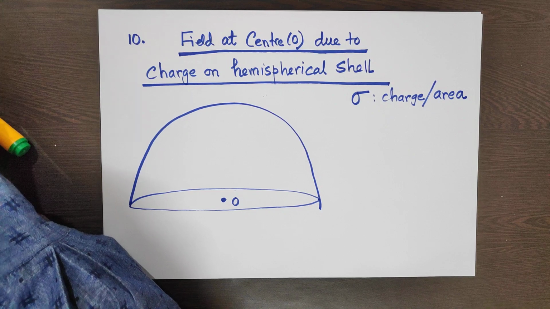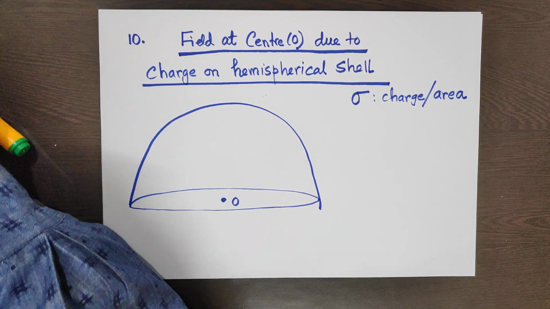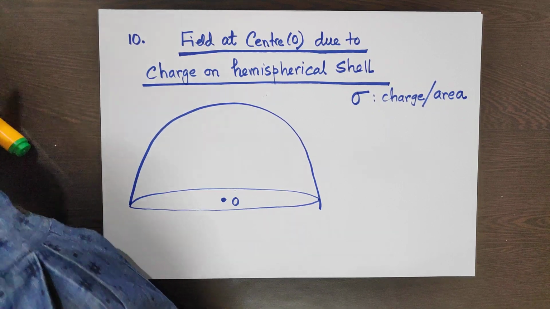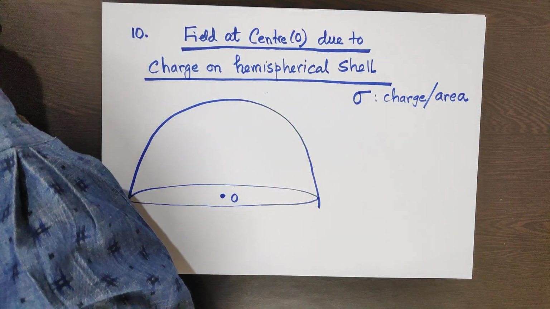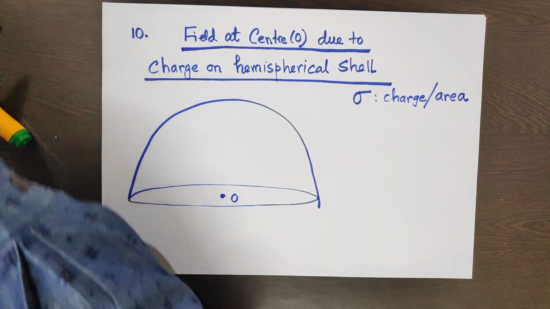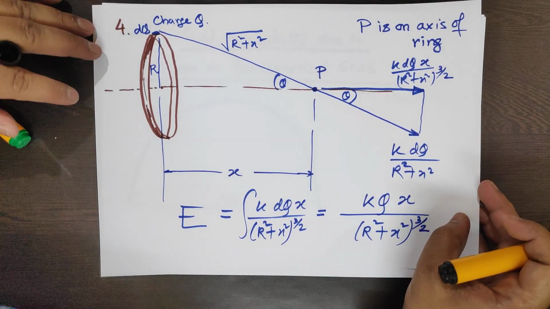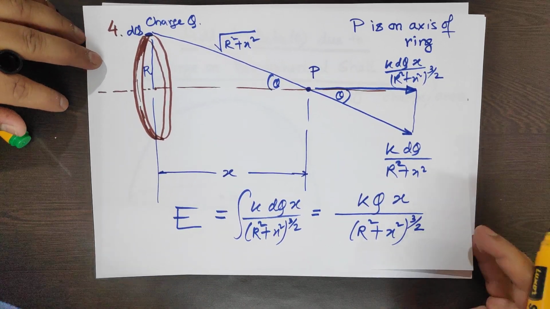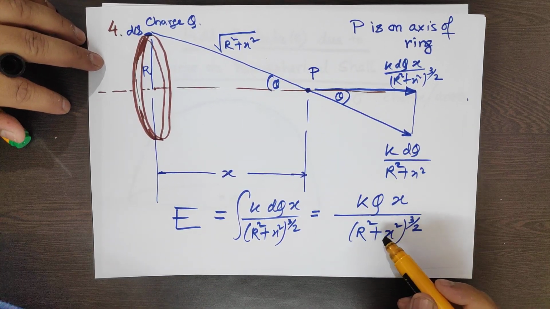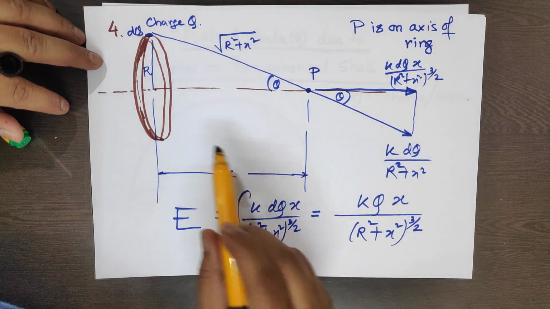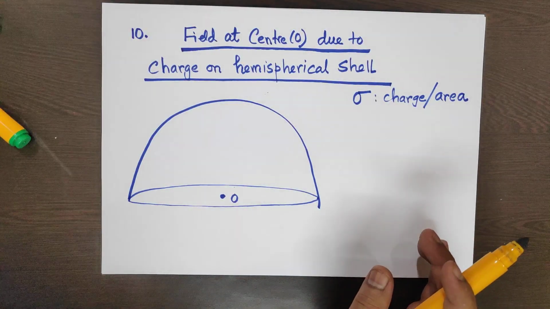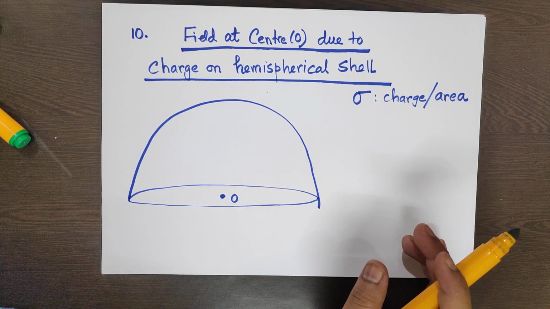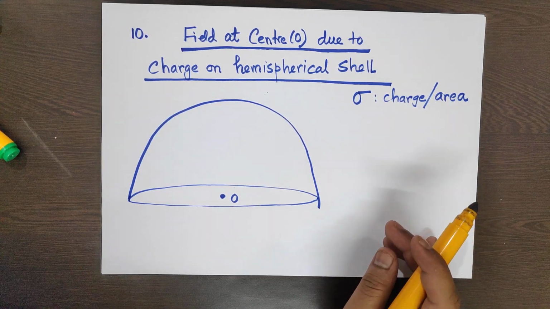We have done so. See, that is it, right? Due to ring, it is kqx by r square plus x square to the power 3 by 2. Okay. So, we will use this result here.